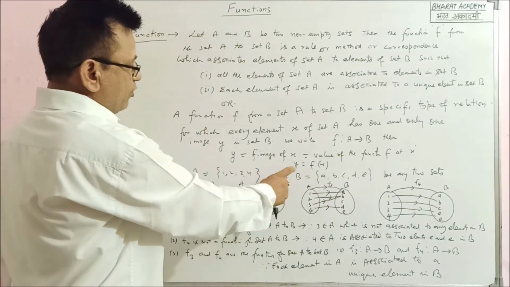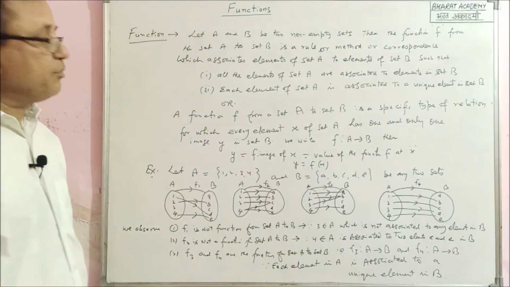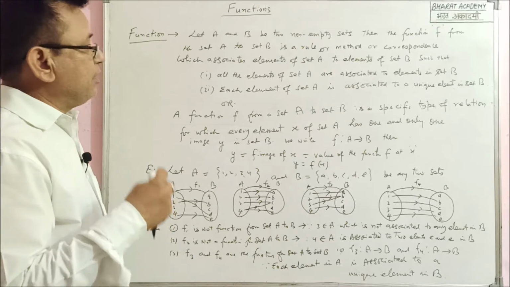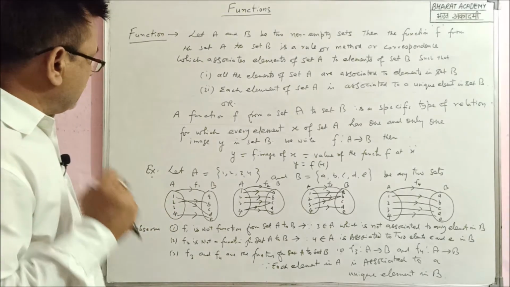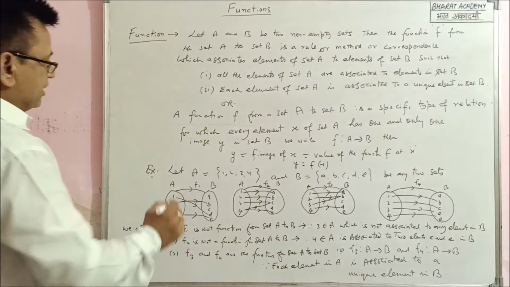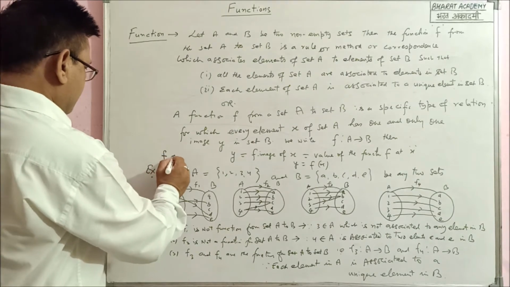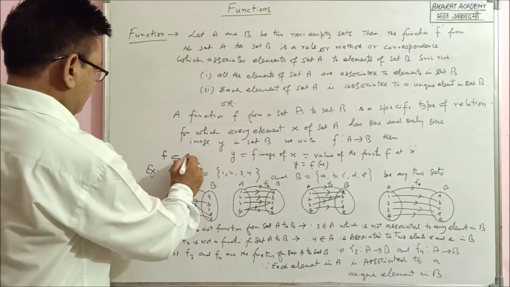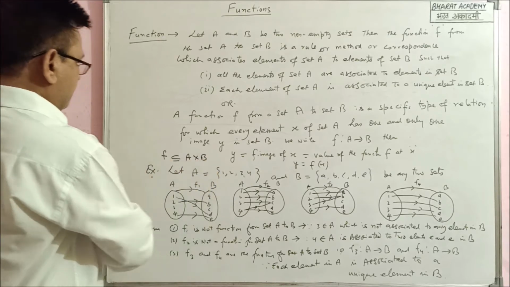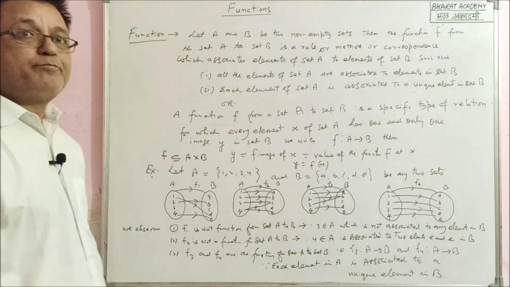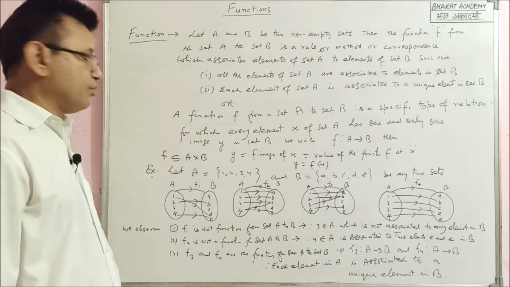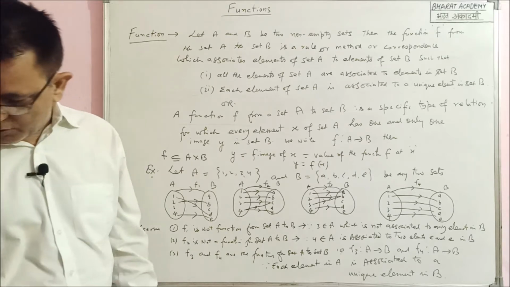So this is written as y is equal to f(x). It means we can define the function on the basis of relation, and it's quite obvious that function f is a subset of A cross B. We can also call it function f is also a subset of A cross B.